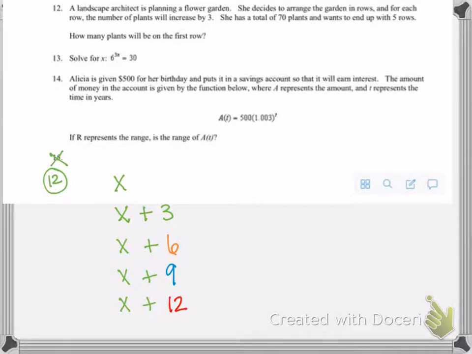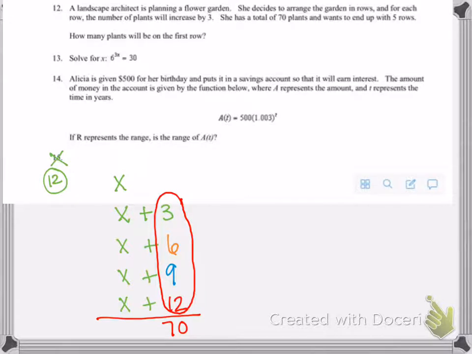Now, all together, we want to have 70 plants. So we need to add all this together and see what we need X to be to get a grand total of 70. Now, we already know we have this many plants from the description the gardener gave us. How many is that total? Well, that's going to be 30 plants total.